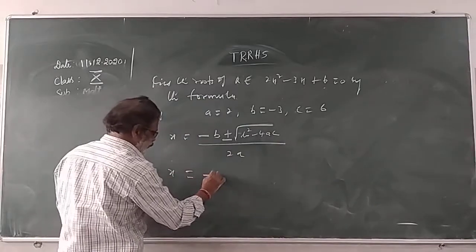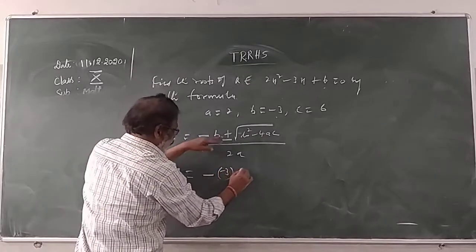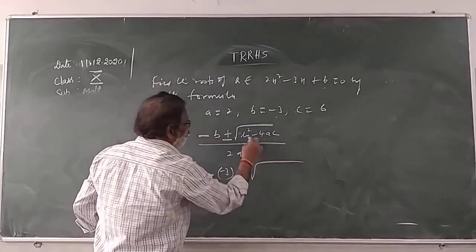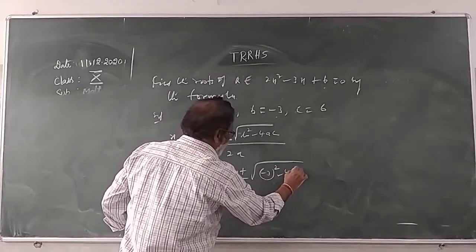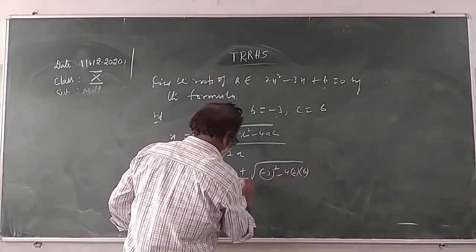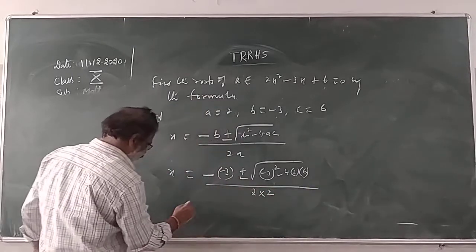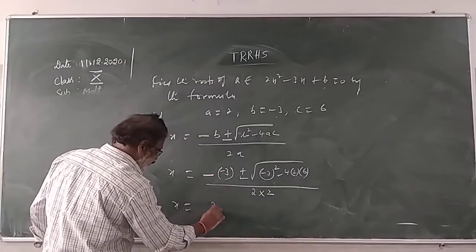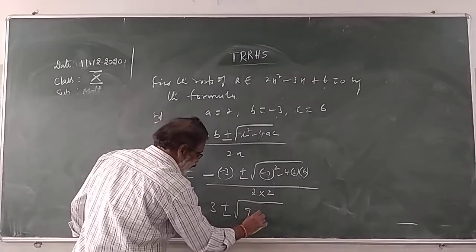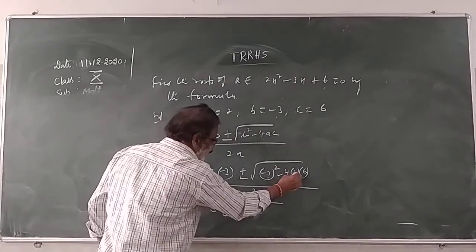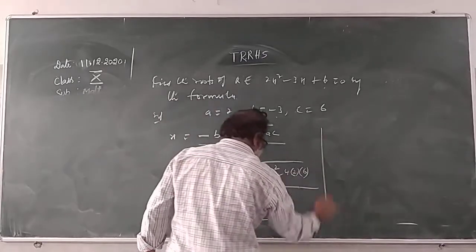X is equal to minus b; b value is minus 3, so minus of minus 3, plus or minus under root b square, minus 3 square, minus 4ac, a is 2, c is 6, whole by 2a, 2 into 2. Substituting the values: 3 plus or minus under root 9 minus 4 into 2 into 6, 48, by 4.